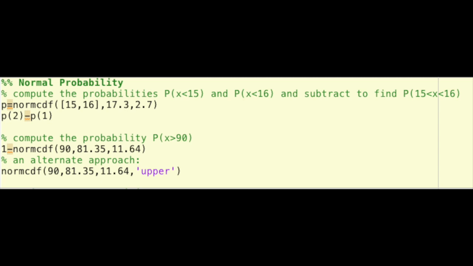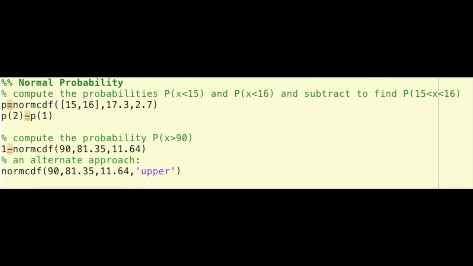Now, if I want to compute a probability that the random variable falls in some unbounded range, like x greater than 90, I can just use the CDF function like we would have with any of the discrete distributions. I'll first compute the probability that x is less than 90 using the normcdf function.